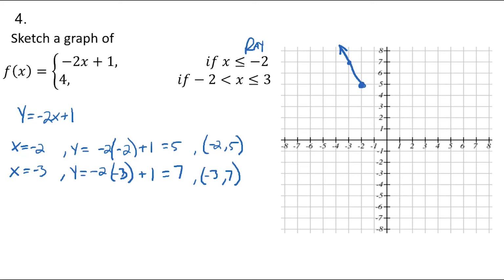The second part of this is where the output will always be a value of 4 if x is greater than negative 2 and less than or equal to positive 3.